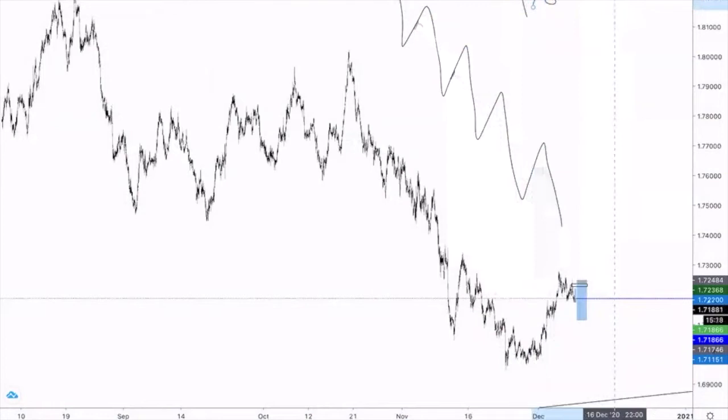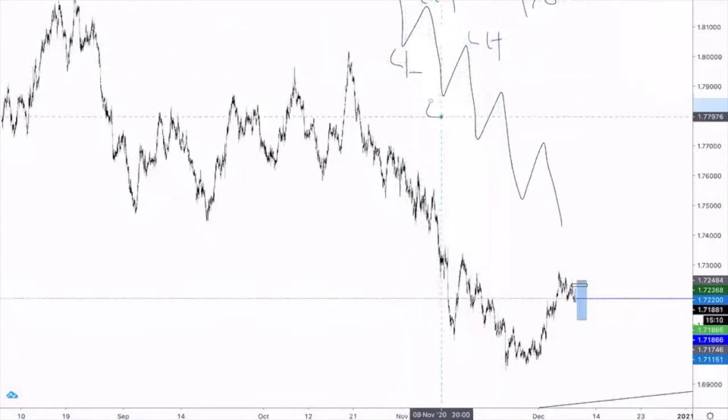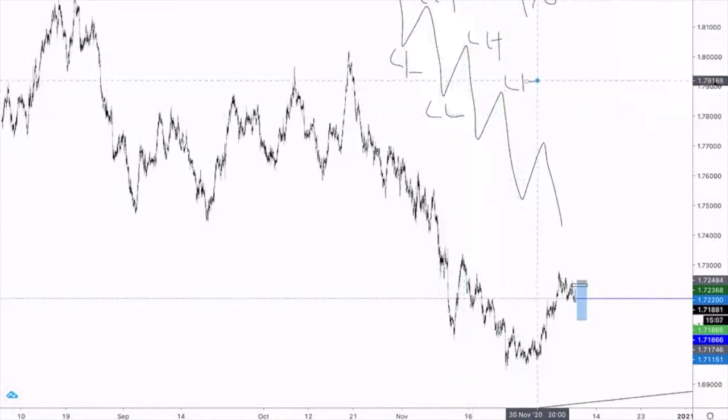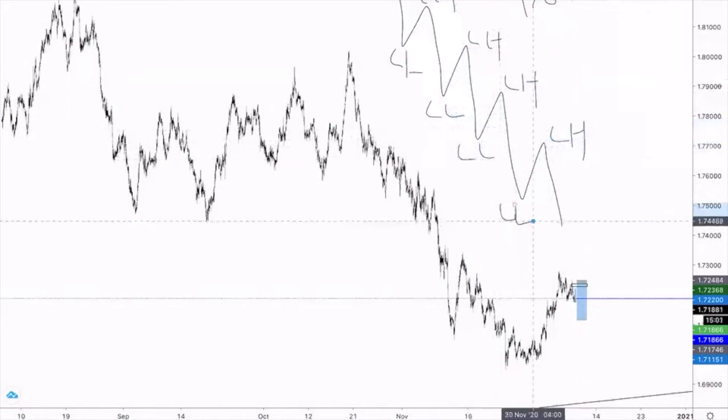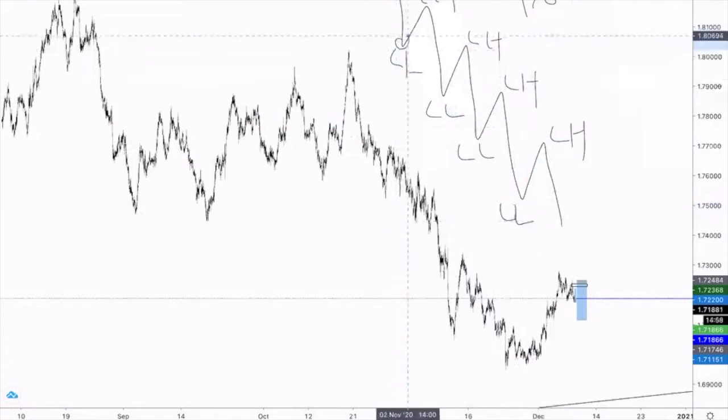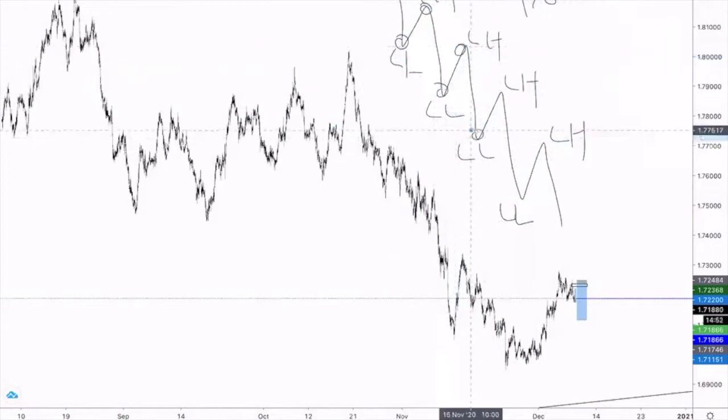This would be a lower high, and this would be a lower low, lower high, lower low, lower high, lower low, lower high, lower low, right? So understanding that, they're just walking the price down.